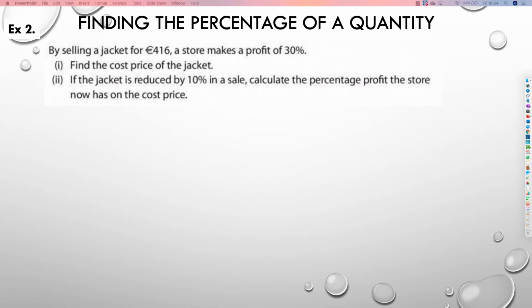So how would you reckon we're going to find the cost price? What do you reckon we're going to do? What's cost price? What do you say cost price is? 100. What's 416 euro? 130%. So how are we going to get 100%?